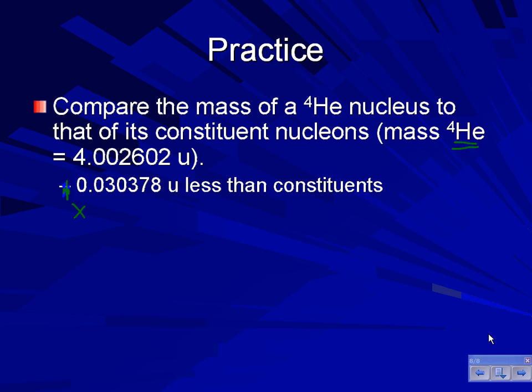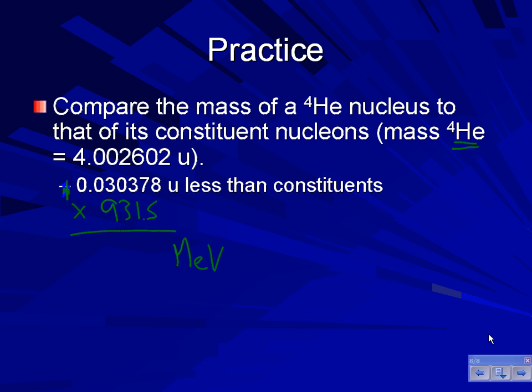Multiply it by, there's an easier way to do it. 931.5, and what will that tell you? No, because this is an atomic mass unit. This is mega electron volts. This will give you your answer in the mega electron volts of energy holding that nucleus together.